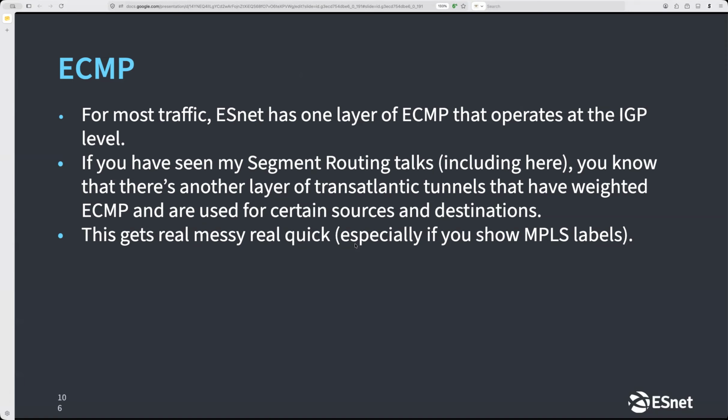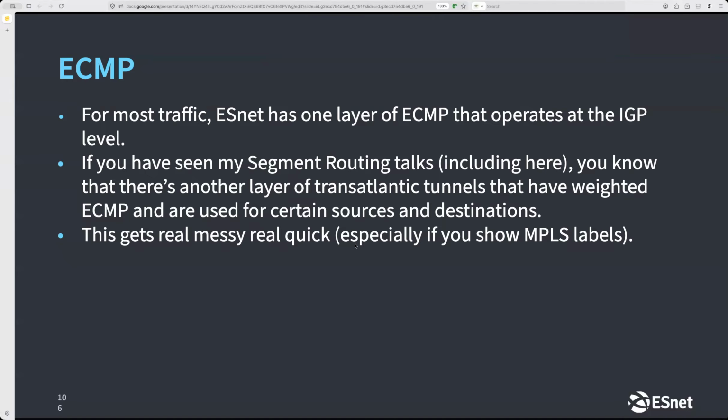And so when you are going from one of those locations to one of those locations and you're crossing the Atlantic, you're going to take a set of tunnels that are weighted ECMP. They are equal parallel tunnels, but they're all traffic engineered and they take completely different paths. So when you run traceroute on them or tracepath, it's going to get really messy.